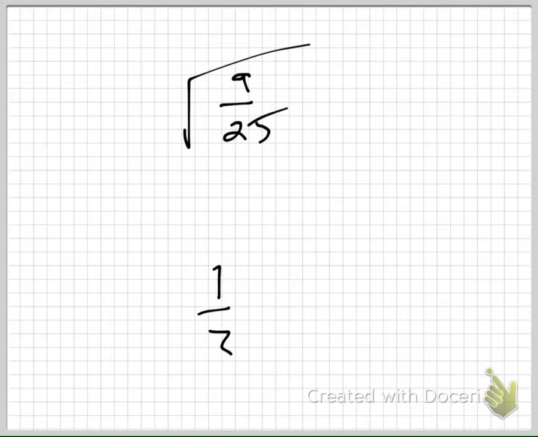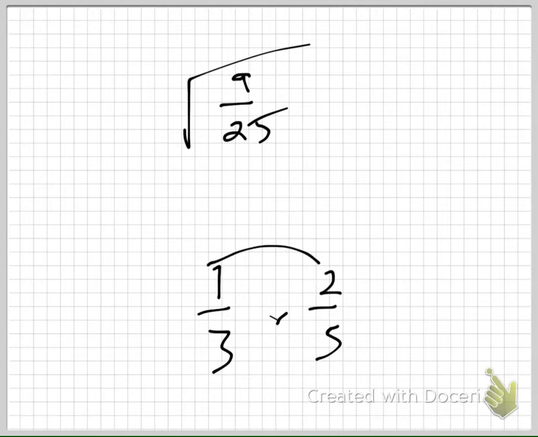One last thing you got to know. The square root of 9/25. Here's the deal. Let me show you what to do. Remember, how do you multiply fractions? If I have 1/3 times 2/5, what do I do? Just straight up multiplying. That's right.